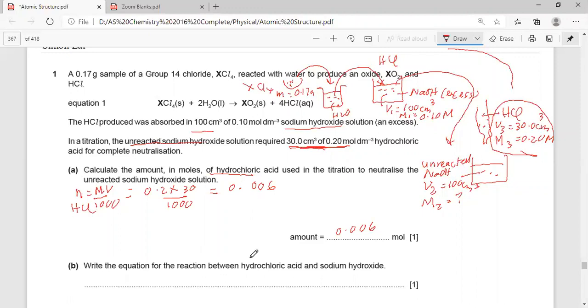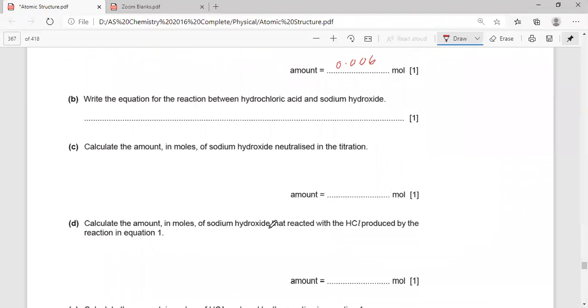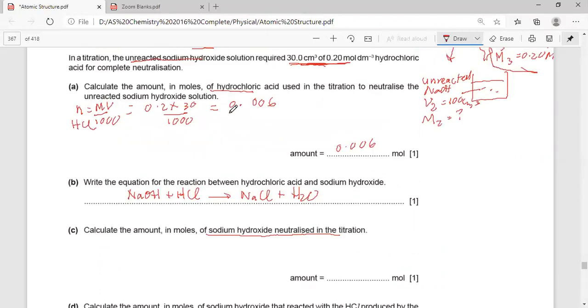Now, next one here. Write the equation for the reaction. So simple, I tell you, any cow can do it. NaOH plus HCl gives NaCl plus H2O. Form 3. You don't know, go back to form 4. Now the amount of sodium hydroxide neutralized in this titration is the same as the amount of HCl used, so 1 mole is to 1 mole.